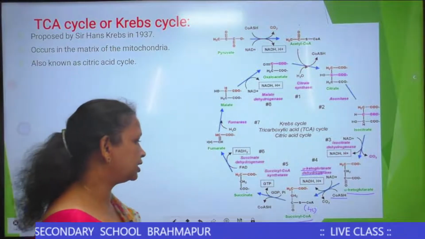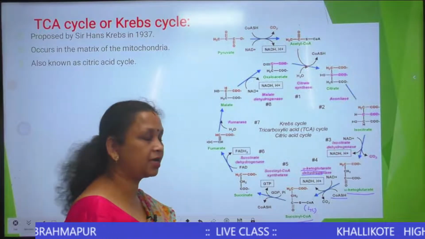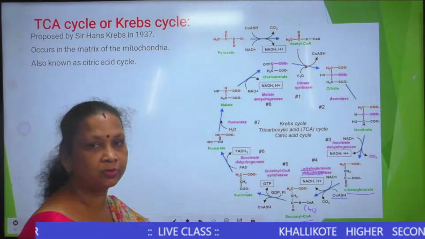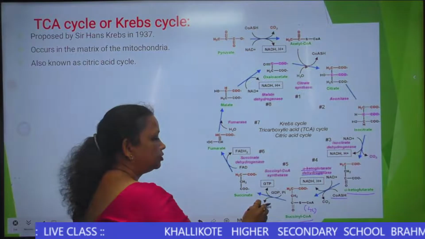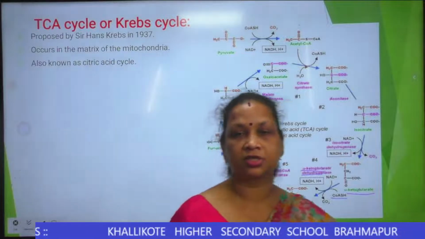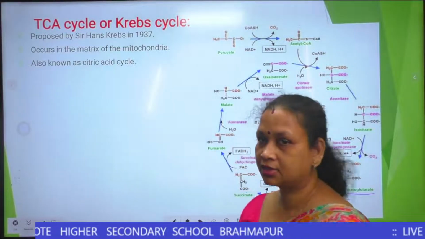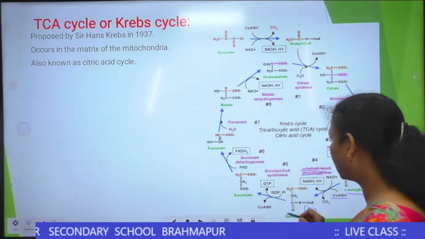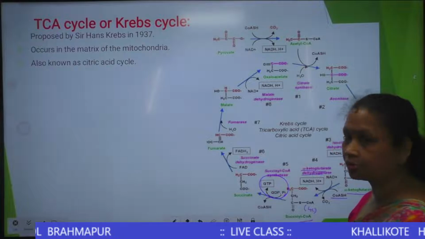So, succinyl coenzyme A, the next reaction is breaking of coenzyme A from succinyl coenzyme A, and this is an exergonic process which releases sufficient free energy, and this free energy is utilized in the synthesis of a GTP molecule.